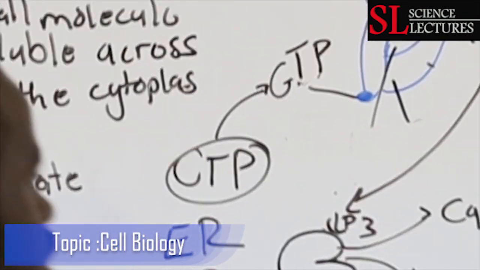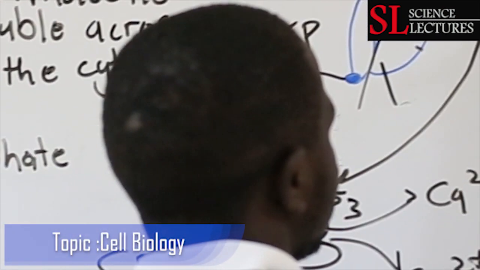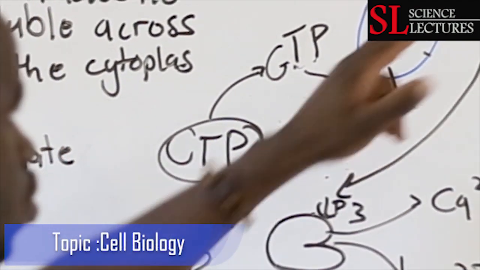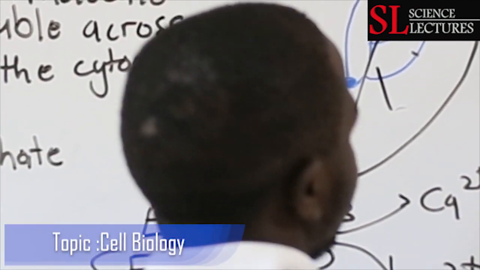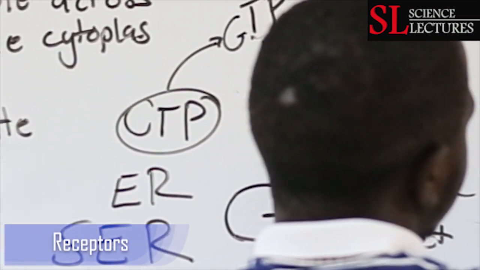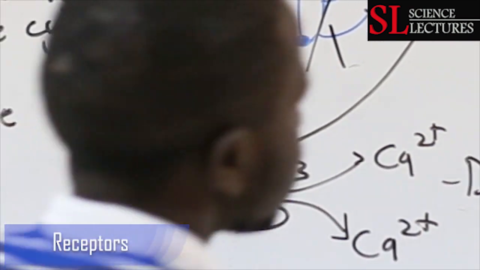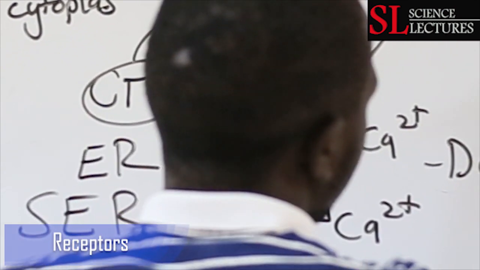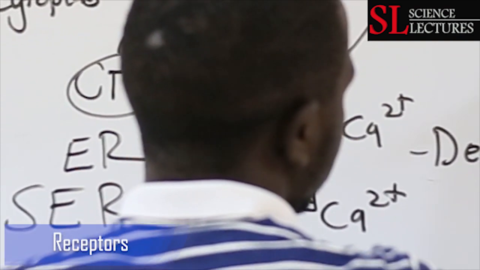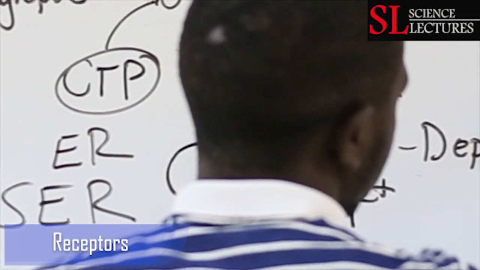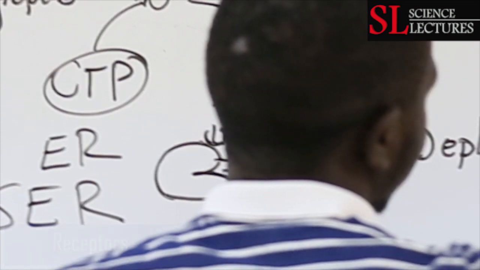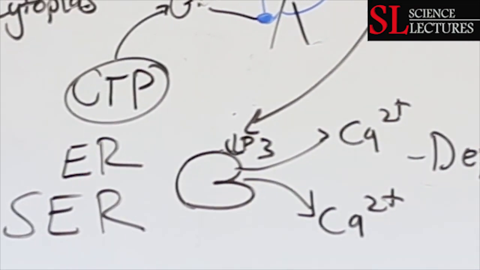However, these calcium ions can also activate this other part, diacyl glycerol, which will then bind with protein kinase C, which can activate other proteins by phosphorylation. Phosphorylation simply meaning addition of a phosphate.